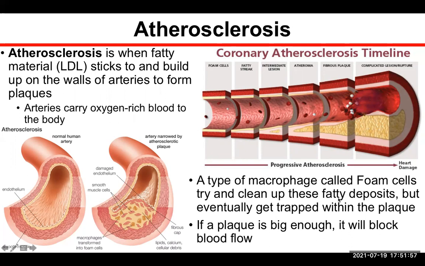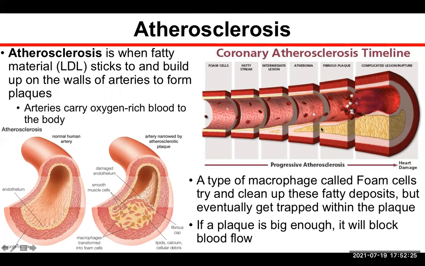One way it does is by sending out this specialized kind of macrophage, which, again, from the innate immunity lecture, macrophages act as the garbage collectors of the immune system. They're going to be differentiated or transformed into these specialized cells called foam cells. The whole point of foam cells is to try to eat all of this fatty deposit so it's not building up.